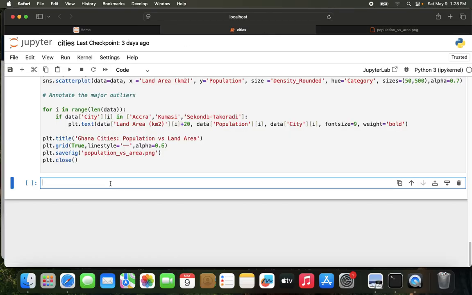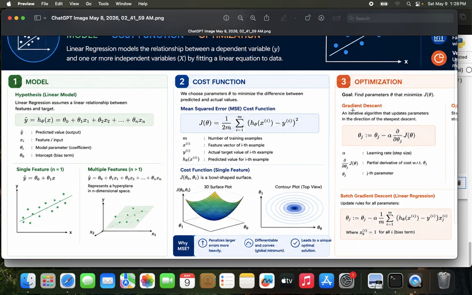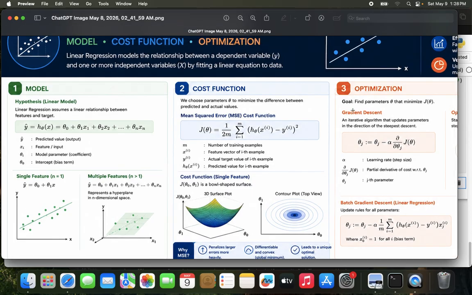So here we're going to start with our machine learning algorithm, and before we do that, maybe I should give a little background into what linear regression is. A linear regression is a foundational supervised learning algorithm that is used to model the relationship between an input, which is the independent variable, and an output, which is the dependent variable.